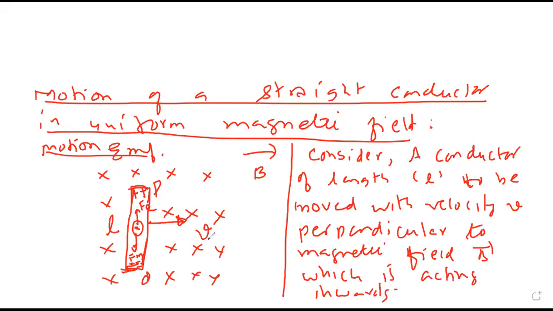So consider a conductor having length L moving with velocity v perpendicular to field B, which is acting inward. Just copy this much. Draw the diagram: magnetic force downward, electric force upward.